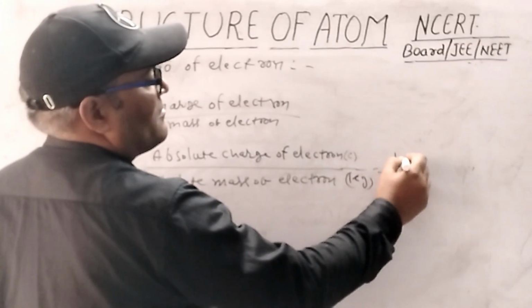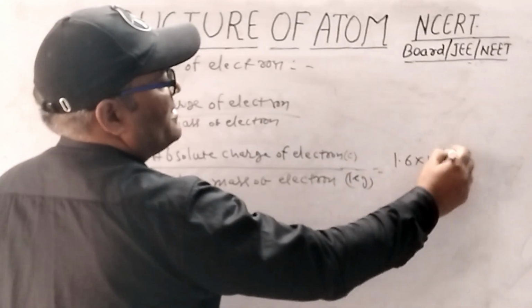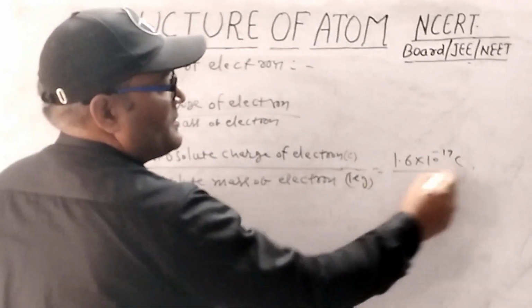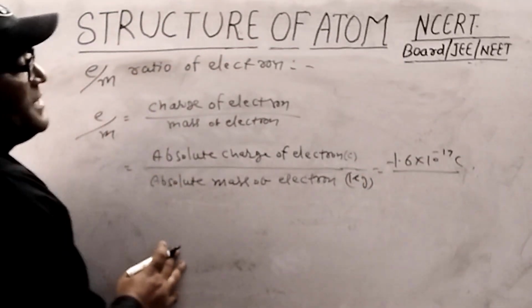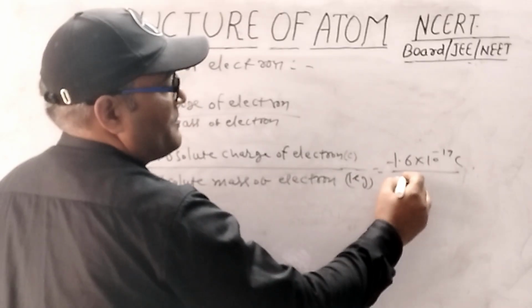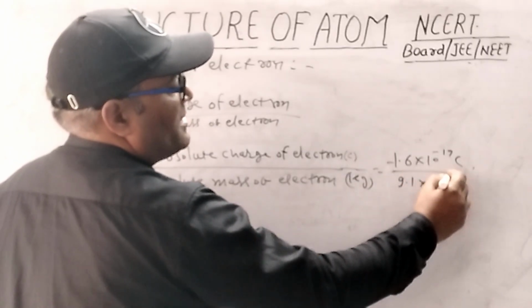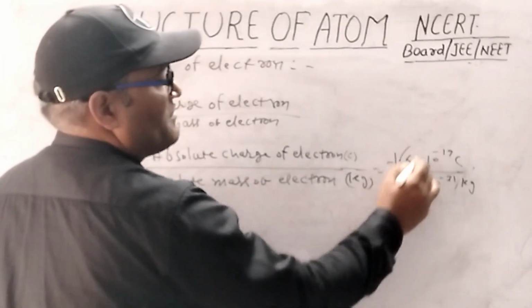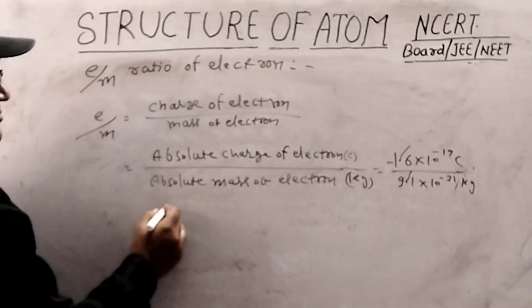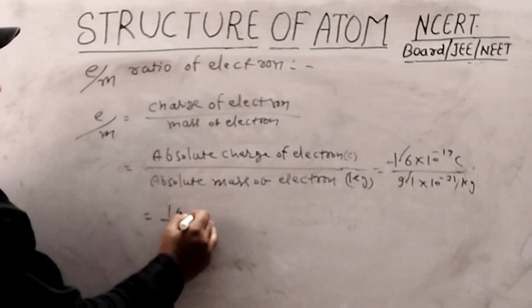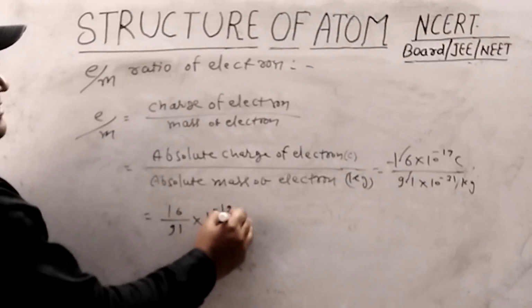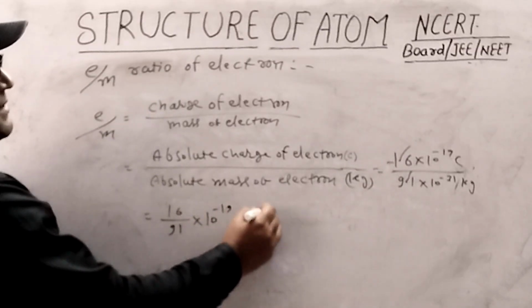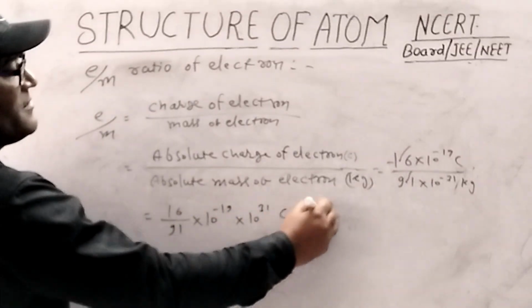Now we can write here 1.6 into 10 to the power minus 19 coulomb divided by absolute mass in kg of electron, 9.1 into 10 to the power minus 31 kg. Now we can remove the decimal here. So 16 divided by 91 multiplied by 10 to the power minus 19 into 10 to the power 31 coulomb per kg.